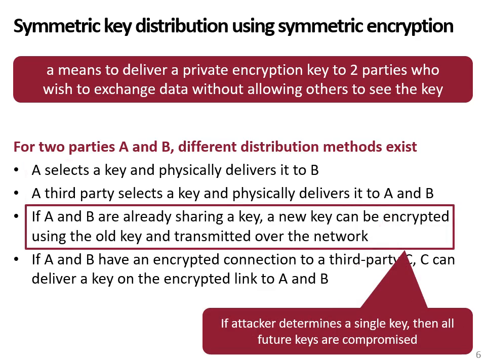The third approach, where we assume A and B already share a key and use that key to encrypt their new key and transmit it over a network, also has some issues. First of all, if an attacker can determine a single key, then all future keys will be compromised. Second, the approach can only be used in a small-scale scenario due to the amount of keys that need to be maintained.